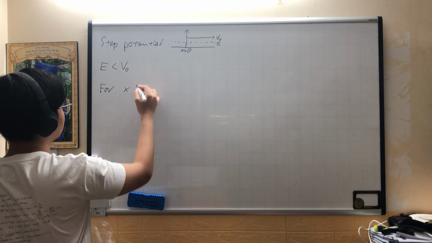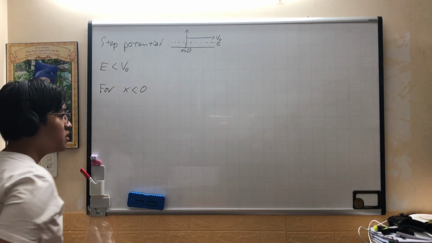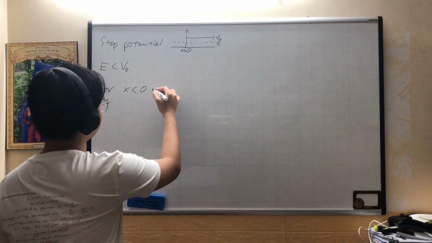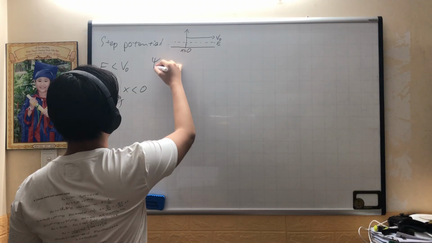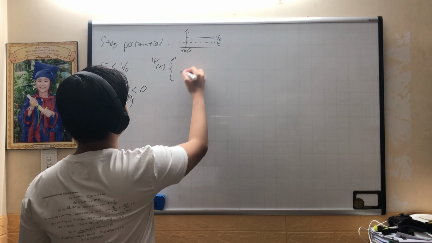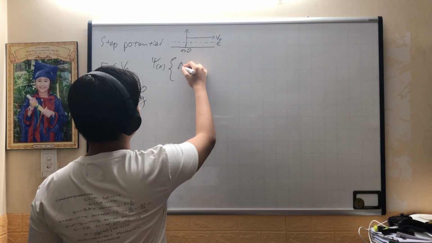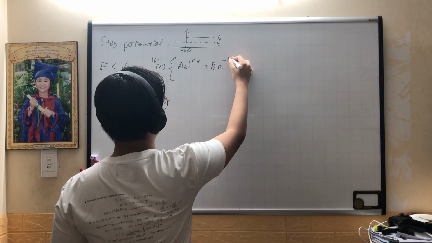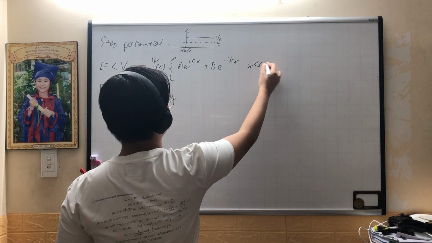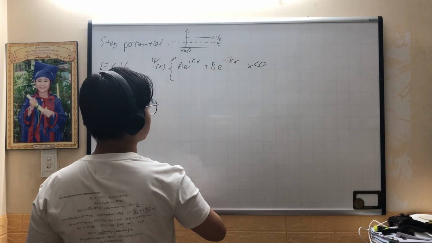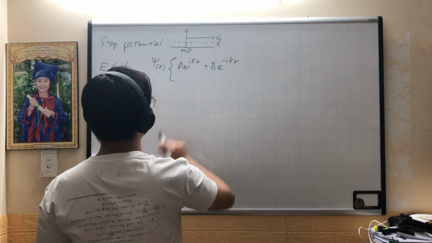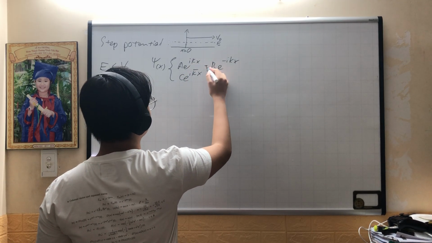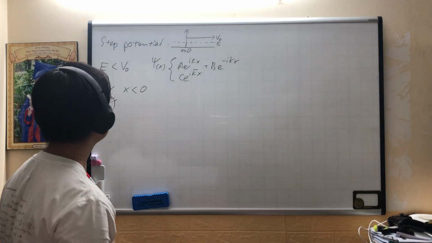for x less than 0, your solution would stay the same. A quick note again: for your psi on this side, that is A e^(ikx) plus B e^(-ikx). Over there, it is e^(ik̃x).